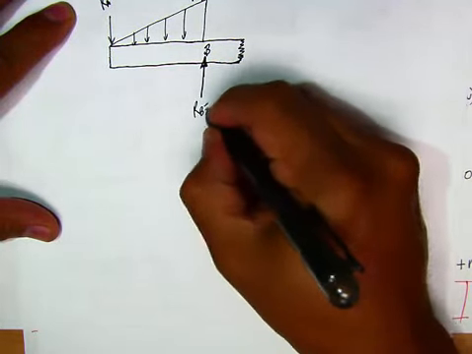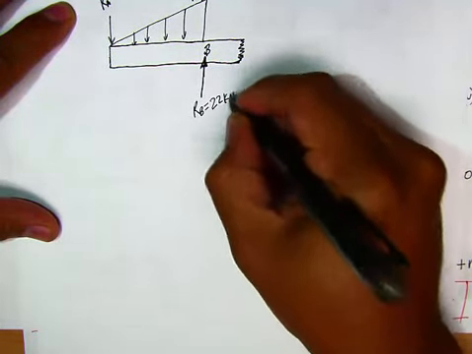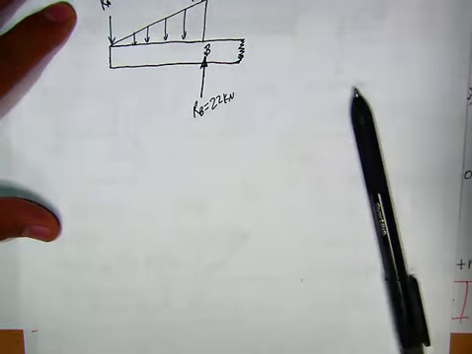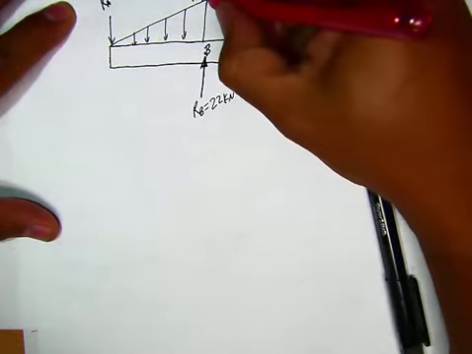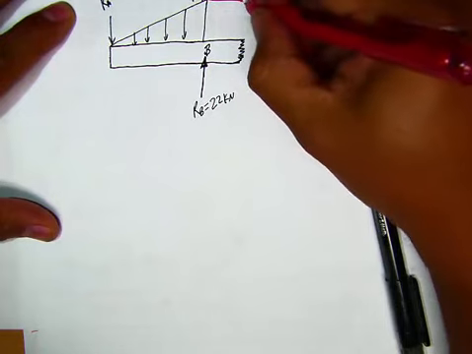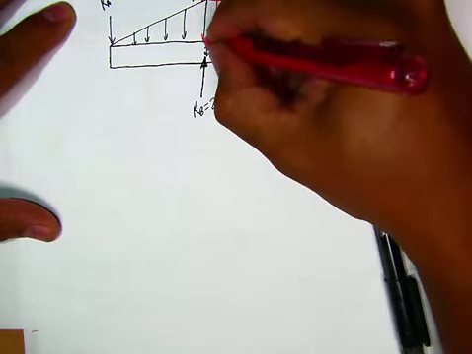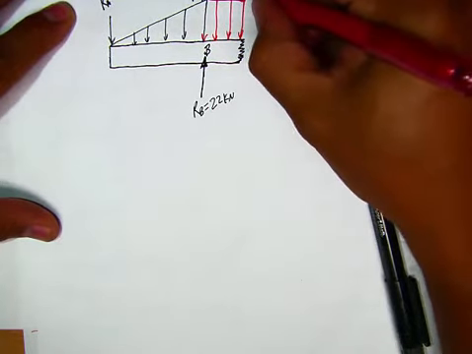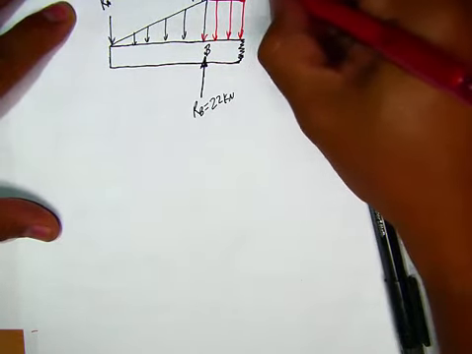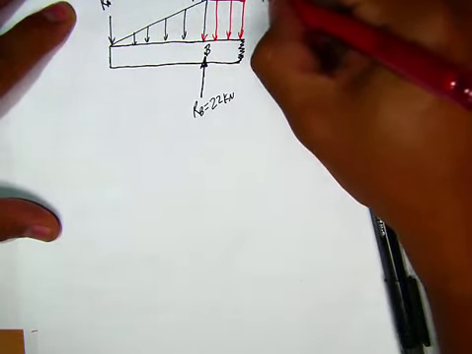RB has a magnitude of 22 kilonewtons. And then this is the part that interests us right here. We only have a section of our rectangular distributed loading, but that's okay.